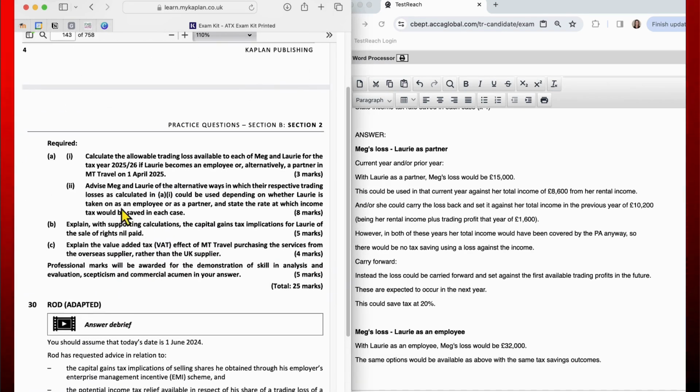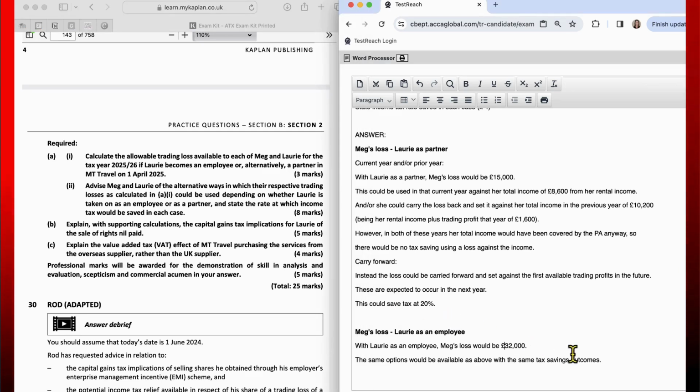We are being told to advise them of the alternatives, but we haven't been asked to give advice on the benefits or drawbacks of the alternatives. We've been asked to state the rate at which income tax could be saved in each case, but we're not being asked to give an opinion on it. So that's why I haven't come to any conclusion. And even as I go through Laurie's loss situation, I'm not going to come to any conclusion about which is the best outcome overall, because we've not been asked to do that.